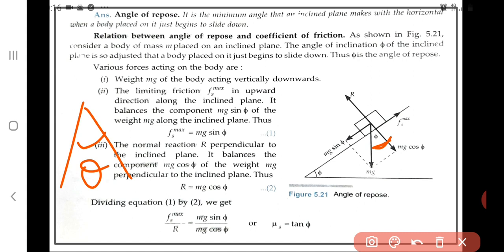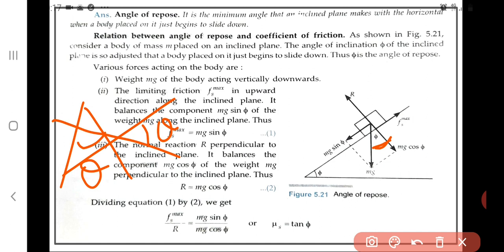So if you consider a line which is perpendicular to this, and here again this is perpendicular, this angle also will be equal to theta.